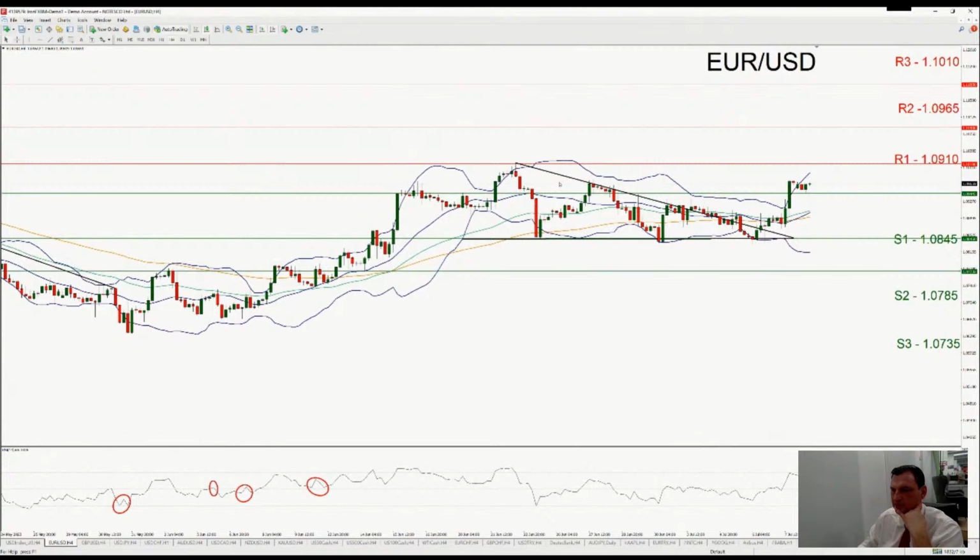I would be noting this level here. Let's lock everything in, correct the levels as well.